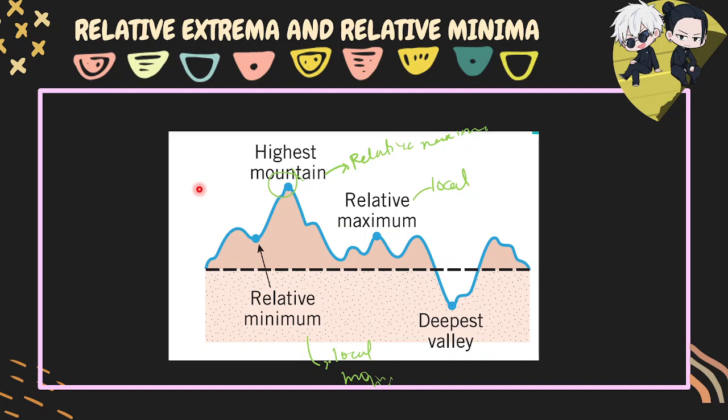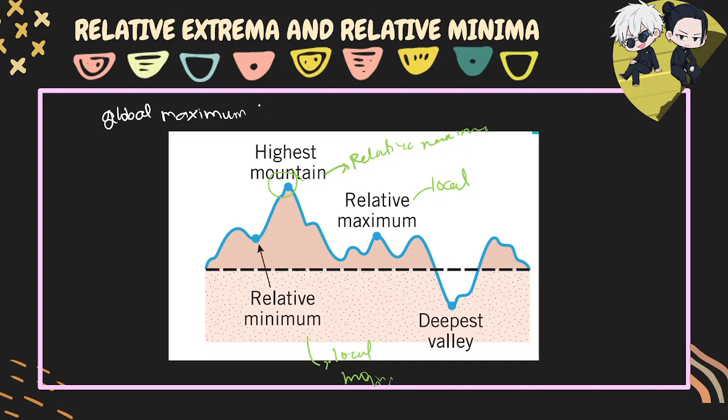However, when we say global maximum, therefore we are going to have a maximum point among all of the function. That is what we call the global maximum.